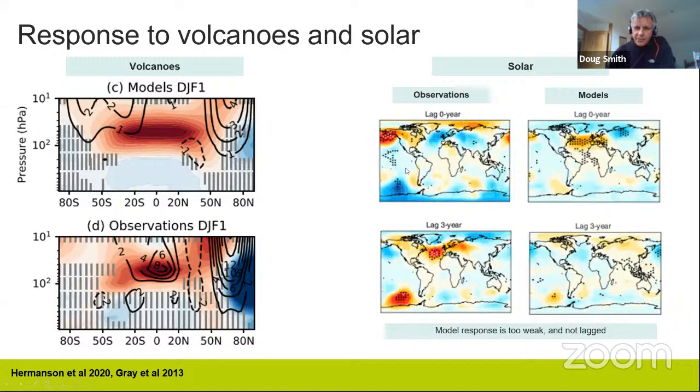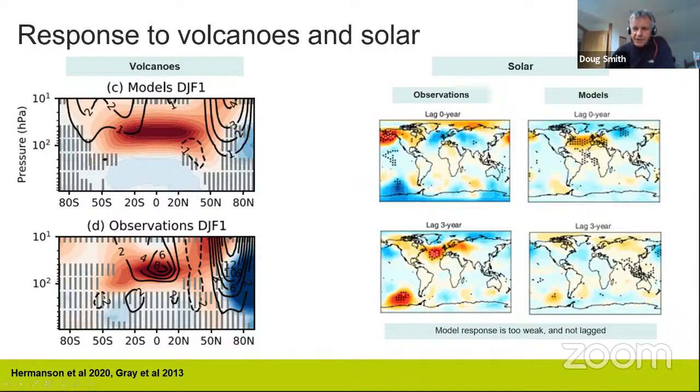And then on the right here, we have some evidence that models may underestimate the response to the 11-year solar cycle. On the left, we have some diagnosis of the sea level pressure response to the solar cycle in observations. You can see that this response peaks at a lag of about 3 years with a positive NAO type structure.